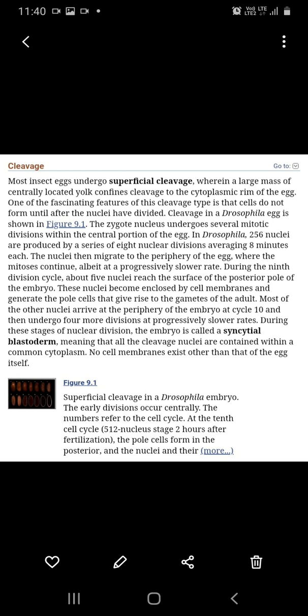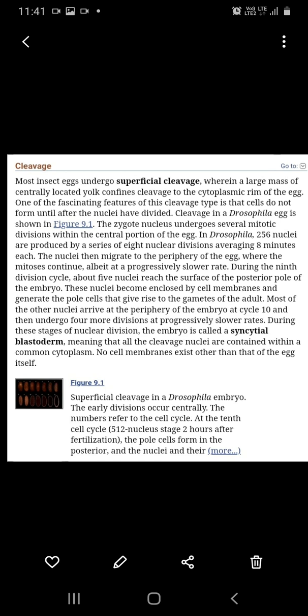We get a syncytial blastoderm, which means that all the cleavage nuclei are present within the common cytoplasm, and no cell membrane is present for the nuclei so as to distinguish or demarcate them. This type of division is found in insects, and this division or cleavage is called the superficial cleavage.